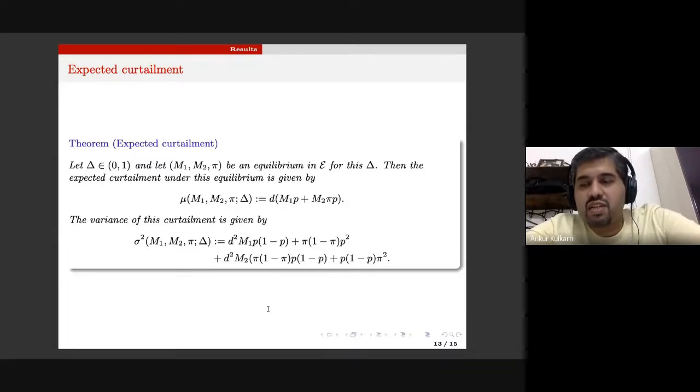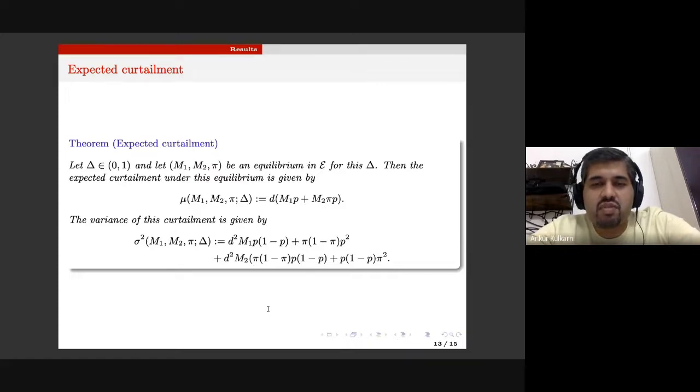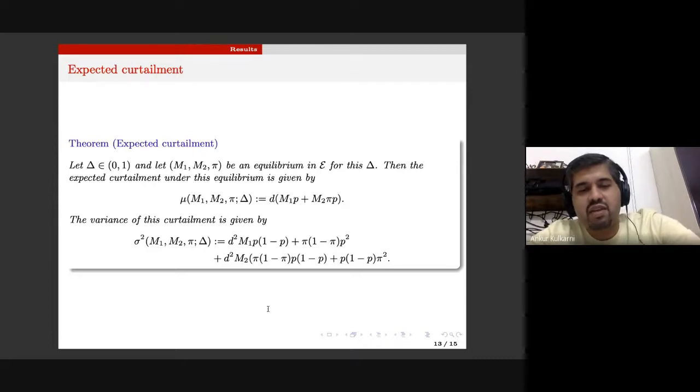If each player randomly decides to play this or that, but that random choice is also strategic, you can get the mean curtailment that you would expect, and the variance of this curtailment. Because the curtailment itself is stochastic, given that players are going to be in various states and their actions are also going to be variable, sometimes they randomize over their actions too, you get a certain expected curtailment and the variance of this curtailment.